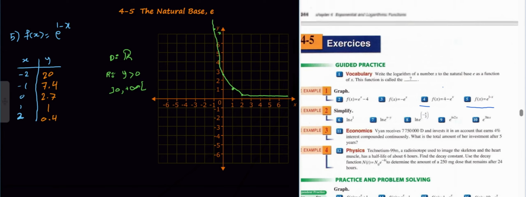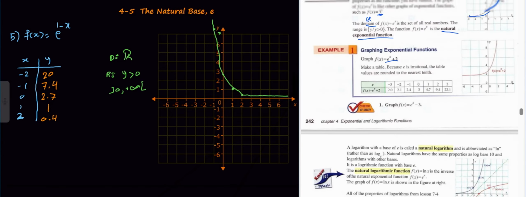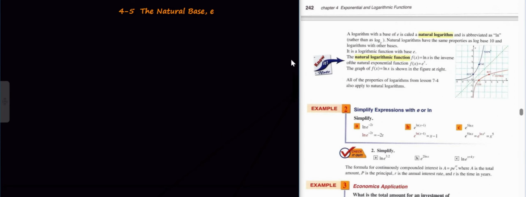Let's solve some examples about natural base. A logarithm with a base of e is called the natural logarithm and it is represented as ln. So if you have a log and our base is e, it will be ln.